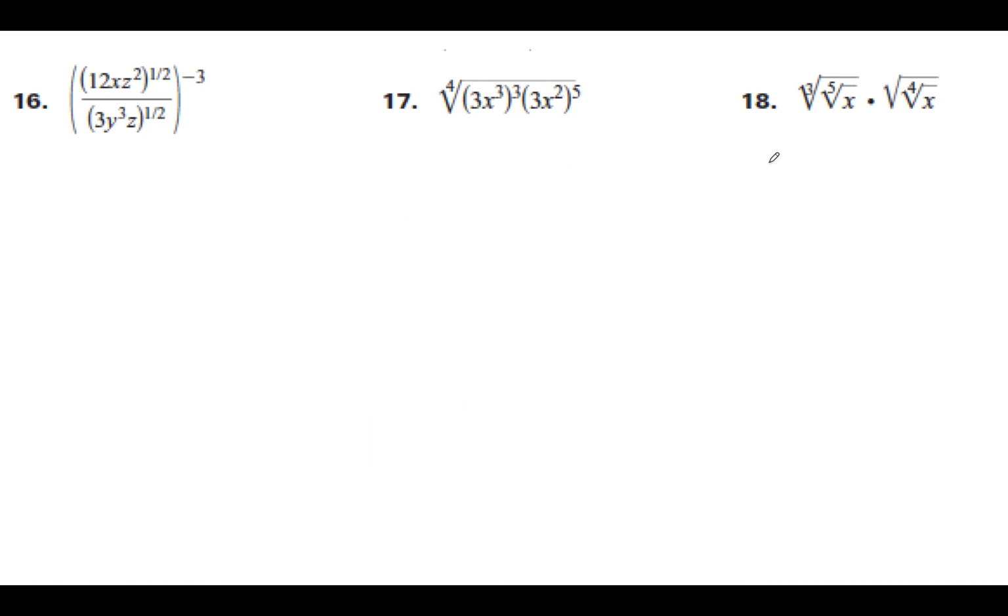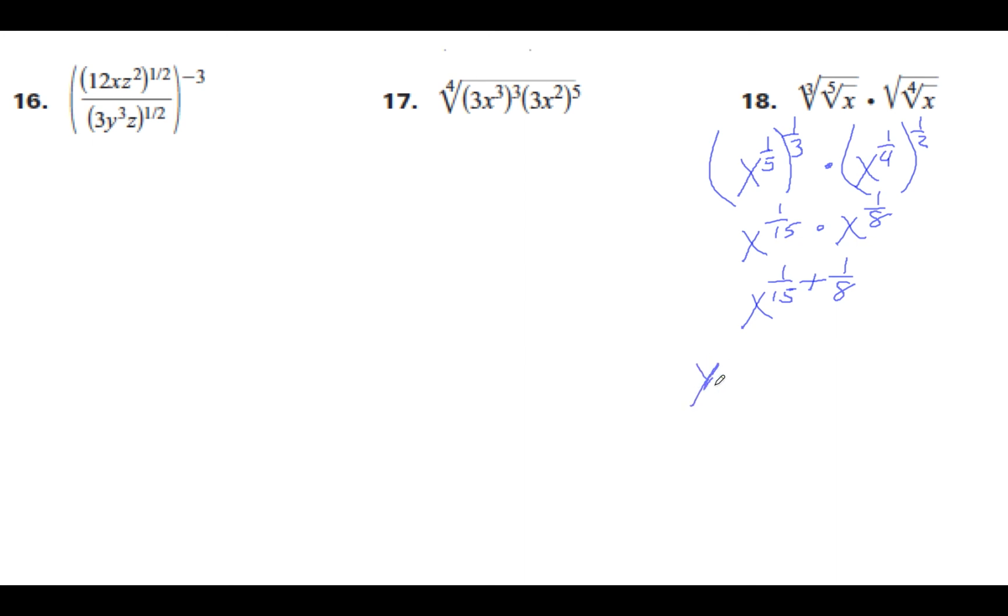Now let's try number 18. I'm going to rewrite this as x to the 1/5 to the 1/3 power times x to the 1/4 to the 1/2 power. That's x to the 1/15th times x to the 1/8, which is x to the 1/15th plus 1/8.